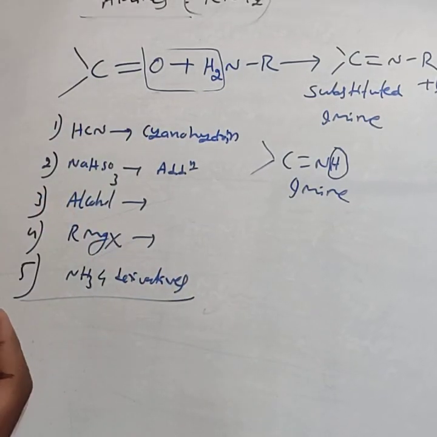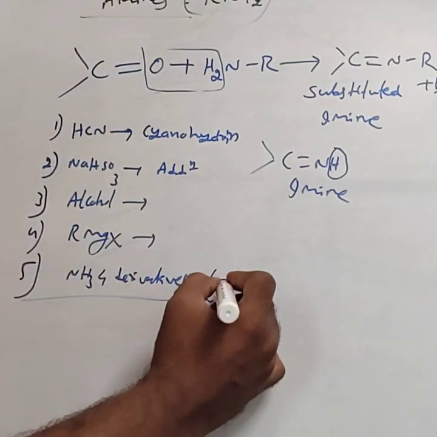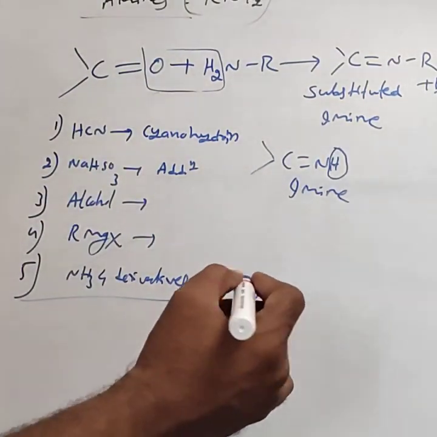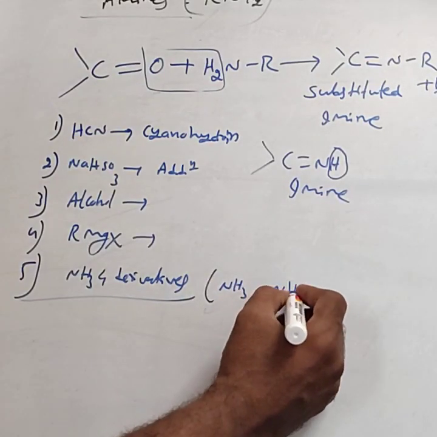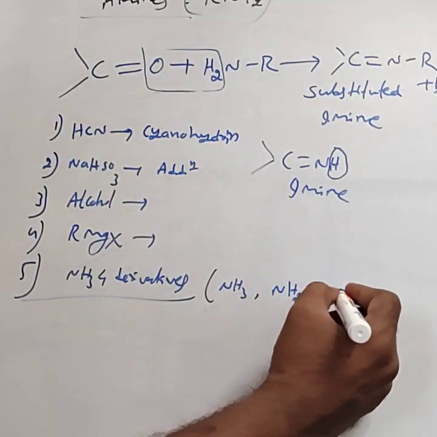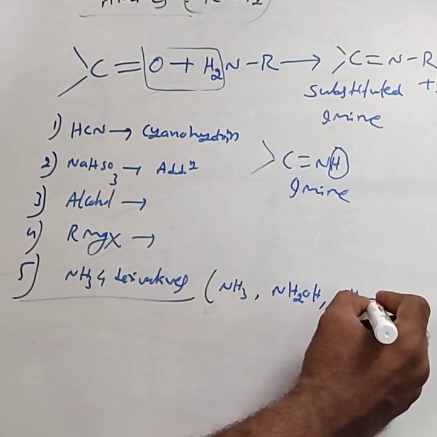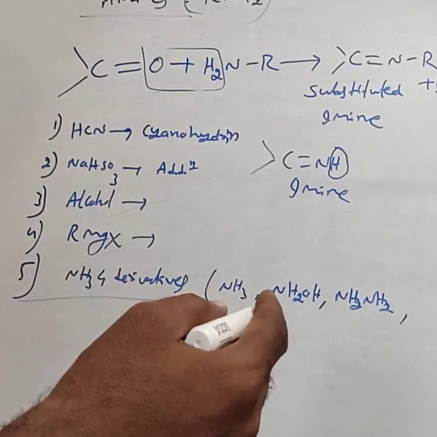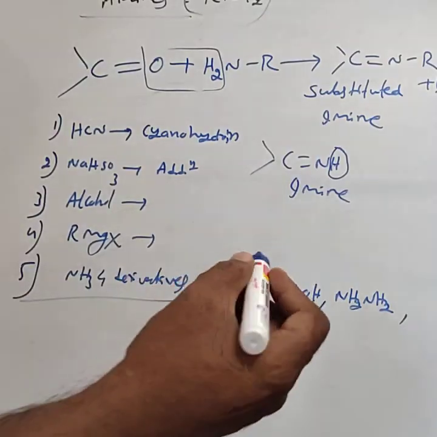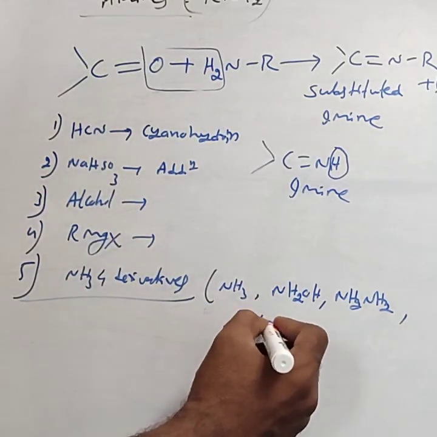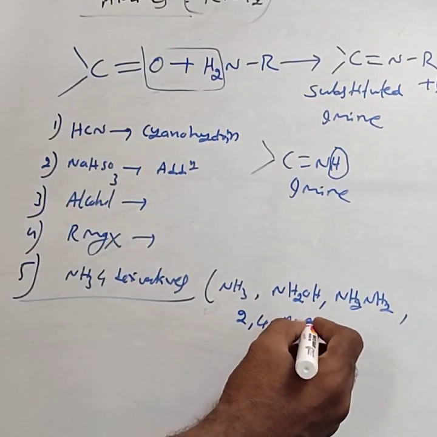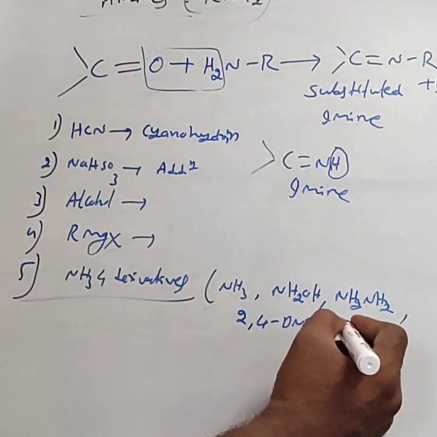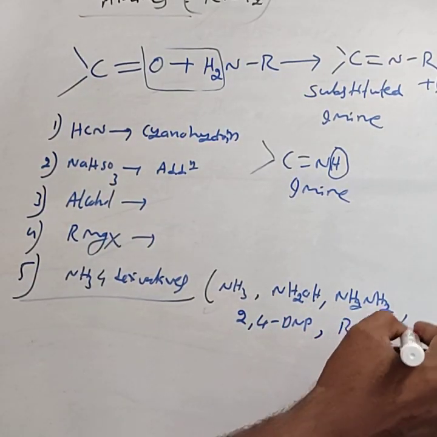In the reaction with ammonia and its derivatives, we considered the reaction with ammonia, then with hydroxylamine, with hydrazine, NH2NH2, similarly phenylhydrazine, semicarbazide, and 2,4 DNP, with amine.